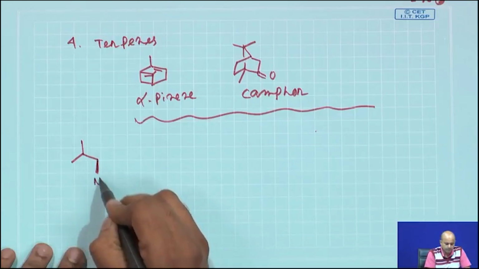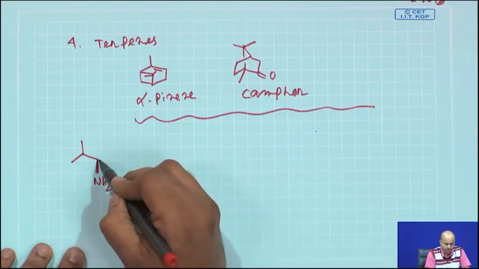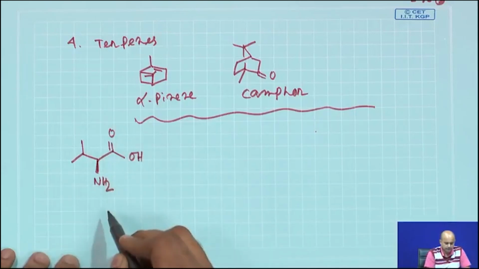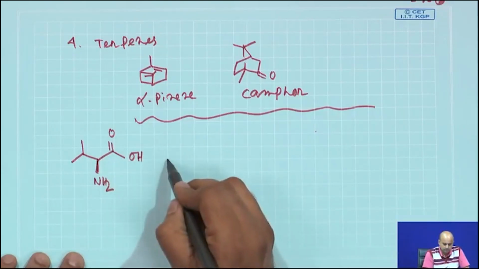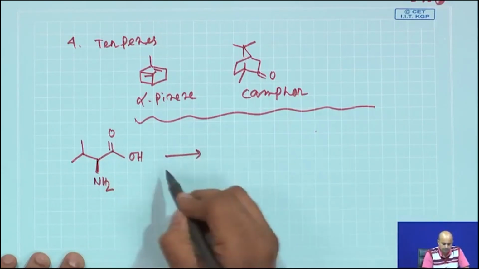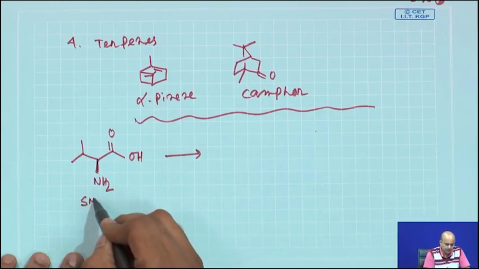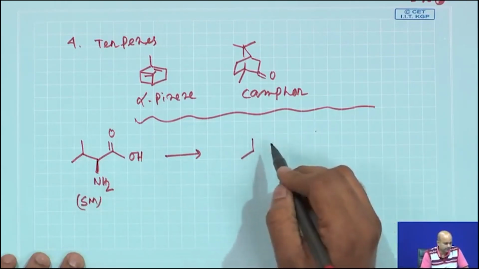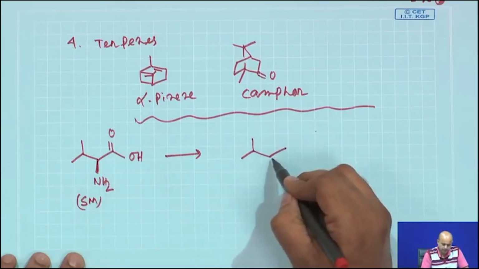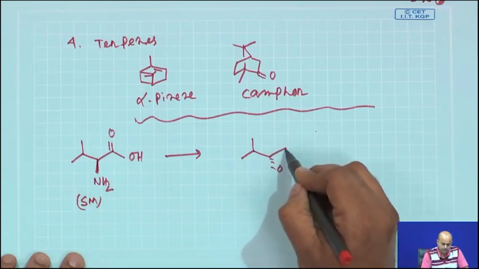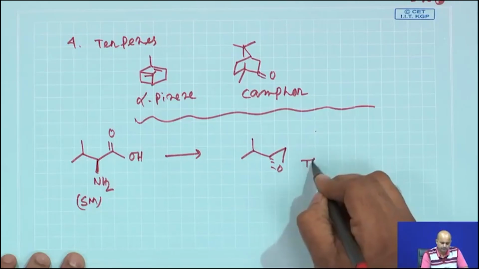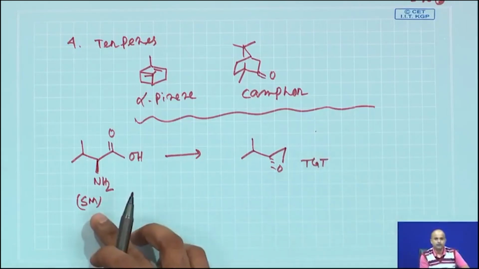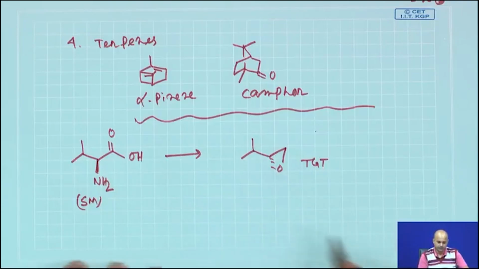Initially, I will give you an amino acid whose structure is this. This compound is basically valine. Now, I say I will be using this starting material and my target structure, which I am giving, is this epoxide. So, you have to design a pathway using this chiral pool approach to achieve this target.